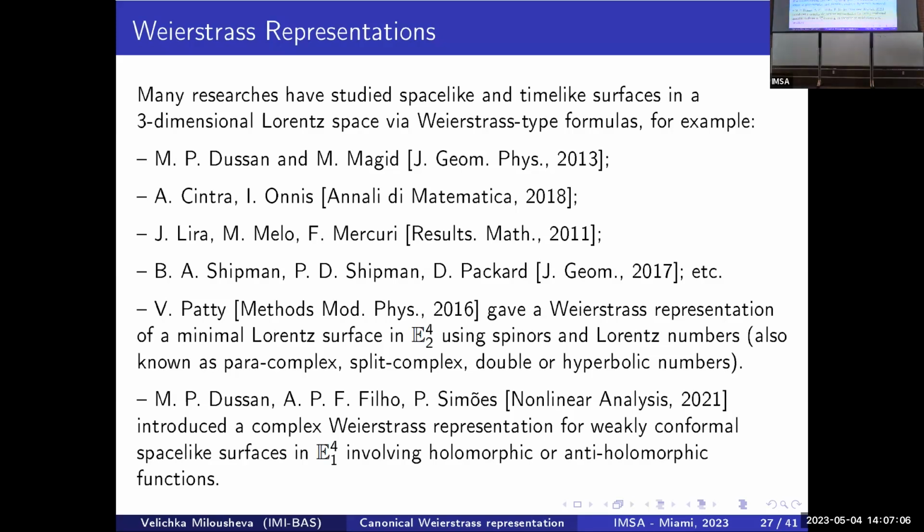And what I would like to say is that all these known Weierstrass formulas express everything in terms of holomorphic and anti-holomorphic functions. So our approach here gives this advantage that the surface and all its invariants are expressed in terms of real valued functions.